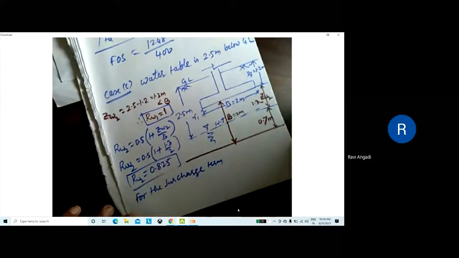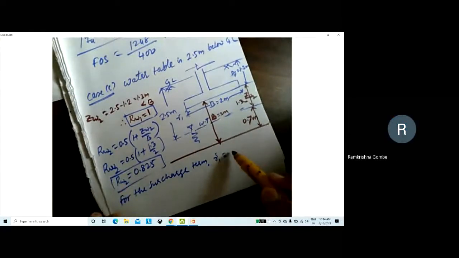For the surcharge term, what could be the value of gamma? 19.5. Surcharge term above the water table, it's 19.5. The 16.8, sir. 16.8 kilonewton per meter cube.